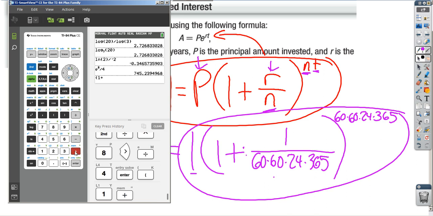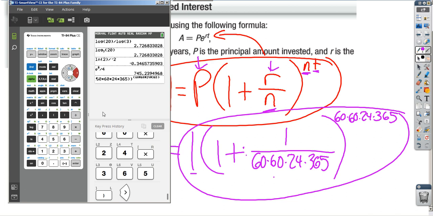So 1 plus 1 divided by this enormous number here, 60 times 60, 3600 times 24 times 365. Close that parentheses, close the other one, and then raise it to that same thing. So I'm putting this whole thing in parentheses. This is kind of how they discovered e, I think, from what I remember.